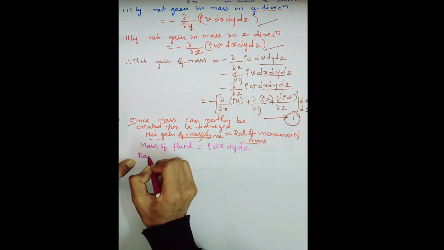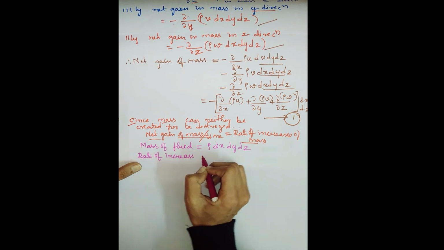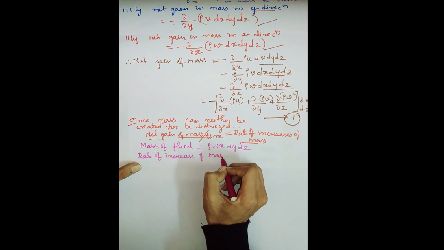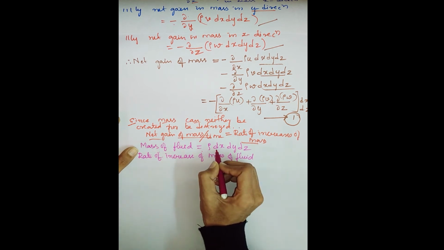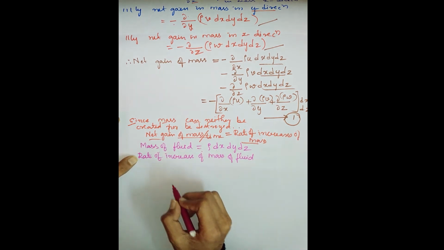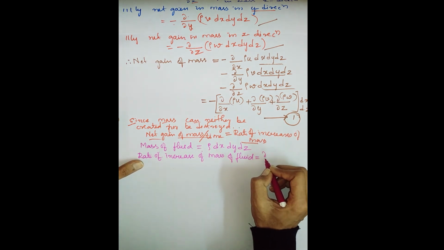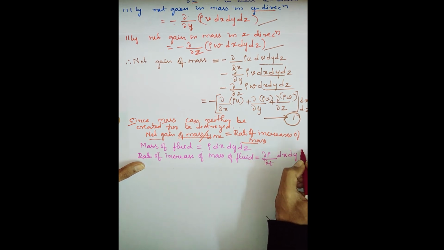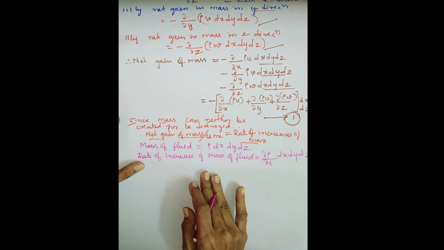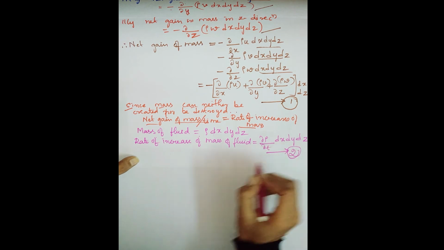So the rate of increase of masses of a fluid, mass of a fluid being rho into dx into dy into dz, will be equal to dou rho divided by dou t into dx, dy, dz. We'll name this as equation number 2.